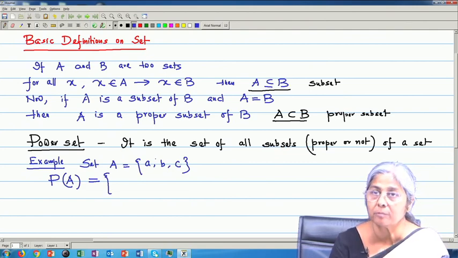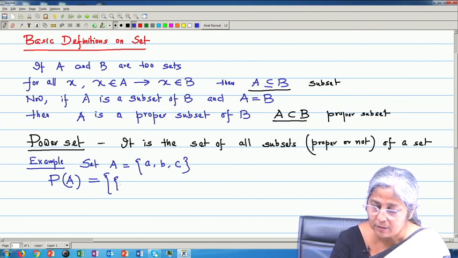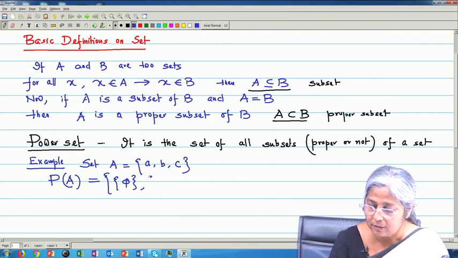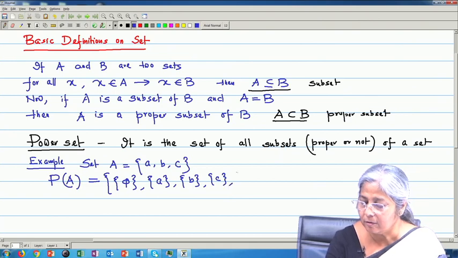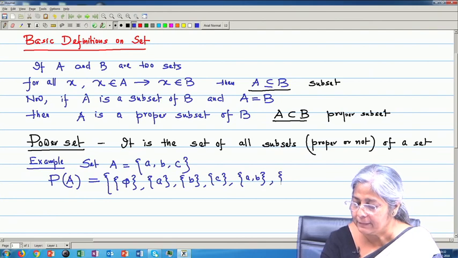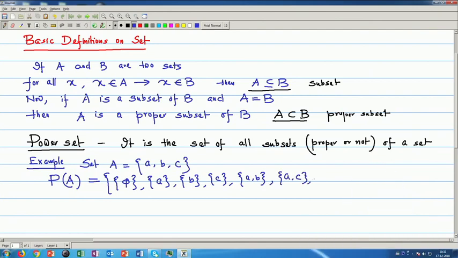So, what are the subsets of ABC? First is the null set, then sets having only one element like A, only B, C, or two elements say AB, AC, BC, and all three elements A, B, C.